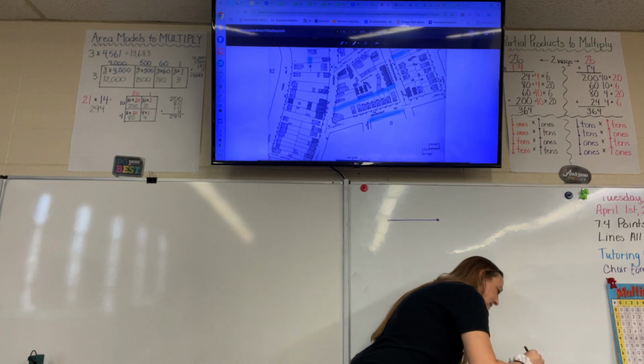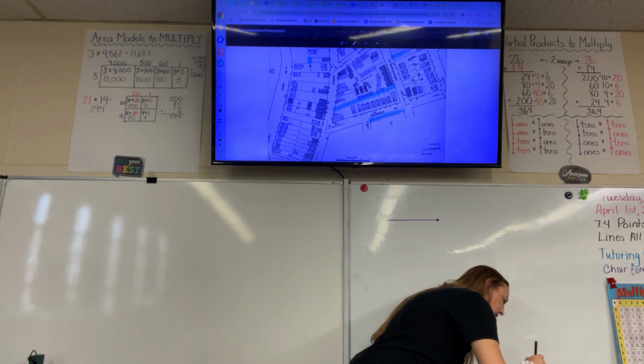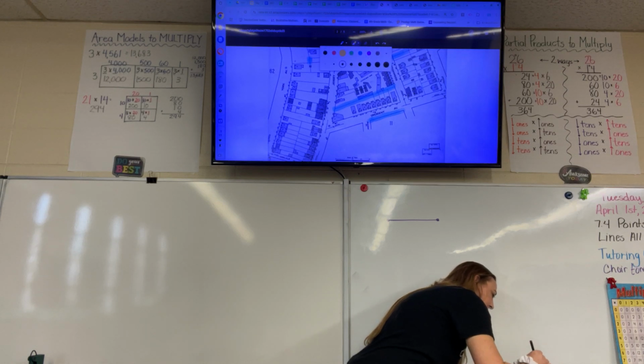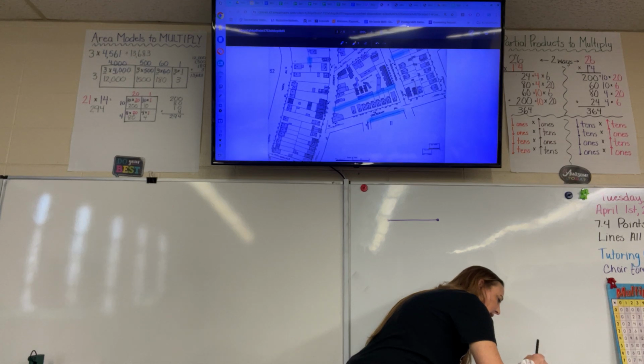So I see right here and right here, those 2 are parallel lines. I'm going to make my highlighter thinner. Yellow is what I'm using. So this line and this line.